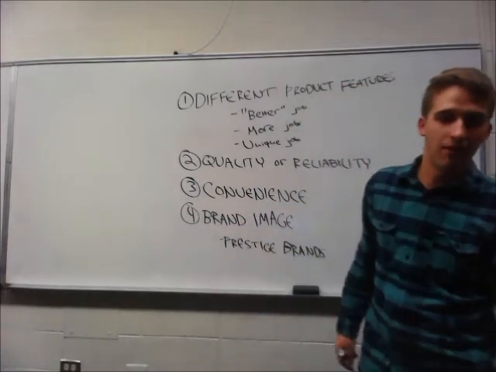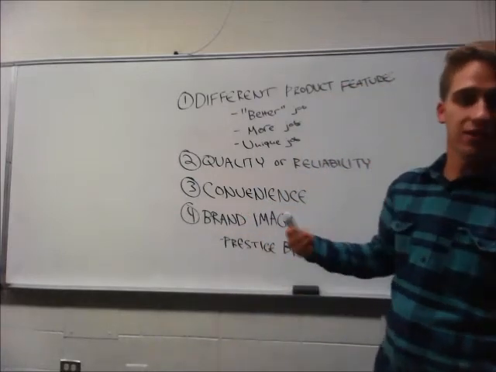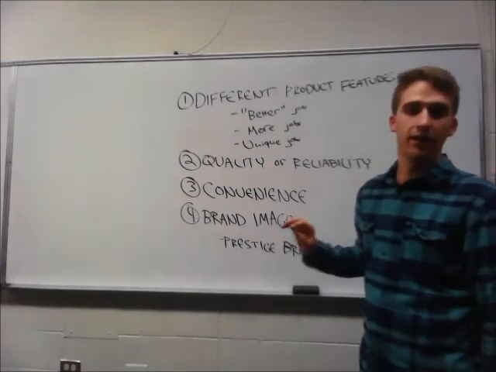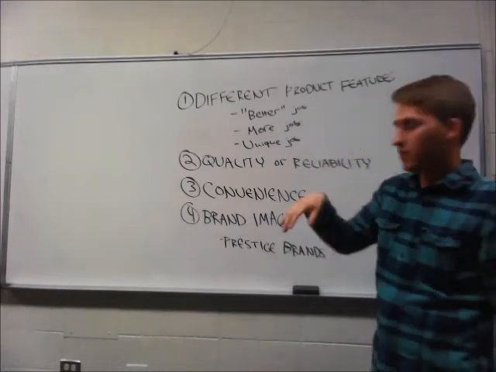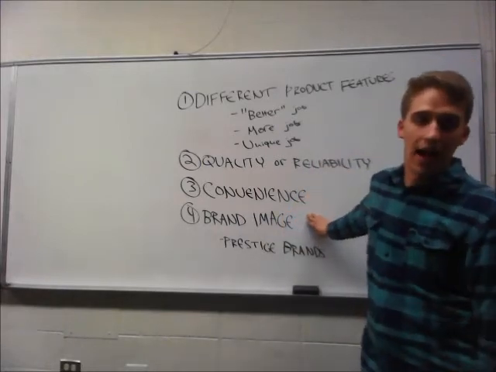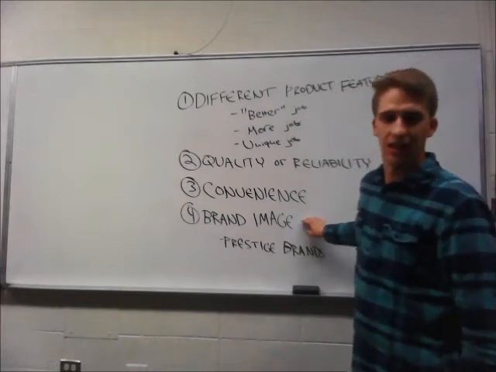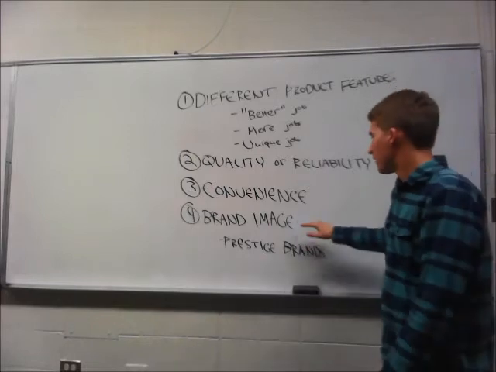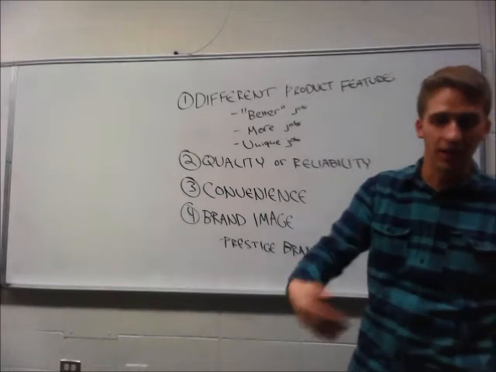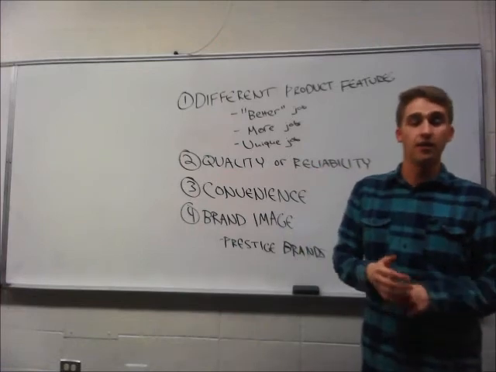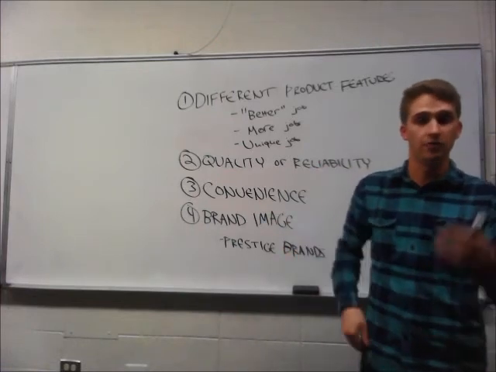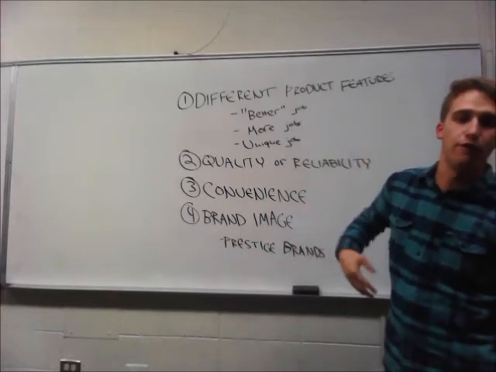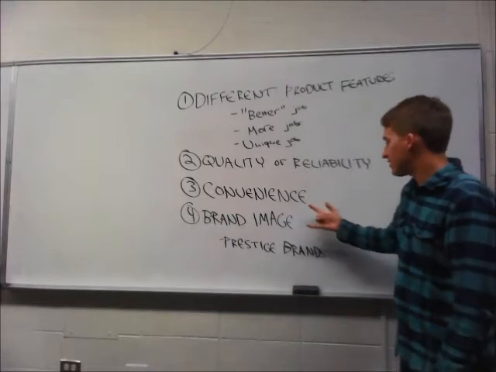I suppose it was probably a study at some point, but that you trust things that you see more. For example, we see McDonald's commercials every day. McDonald's doesn't advertise because they think there are people that haven't heard of McDonald's. Everybody knows McDonald's. The reason they advertise is because if you continually see McDonald's, then when you're hungry, you trust McDonald's. You've seen it before. You're familiar with it. So brand image operates on something called the familiarity principle.